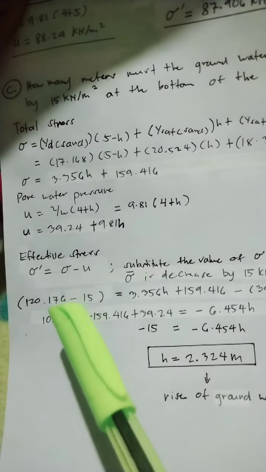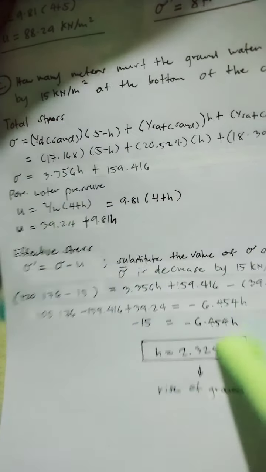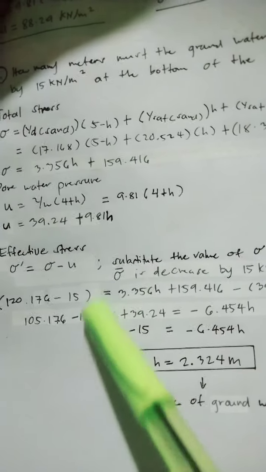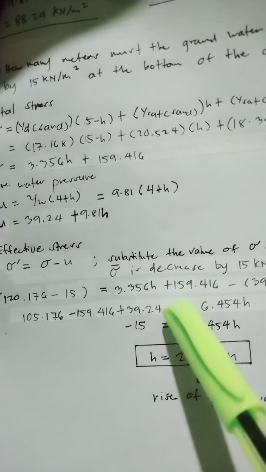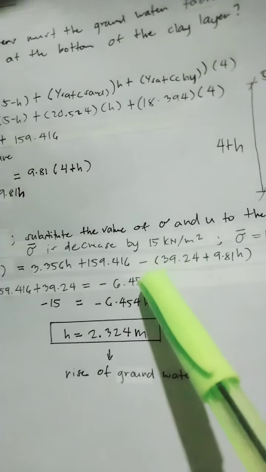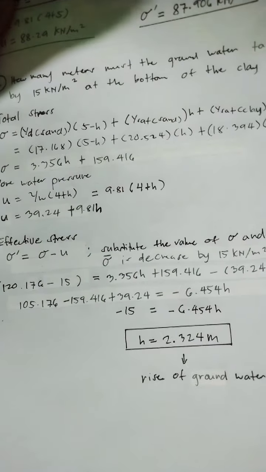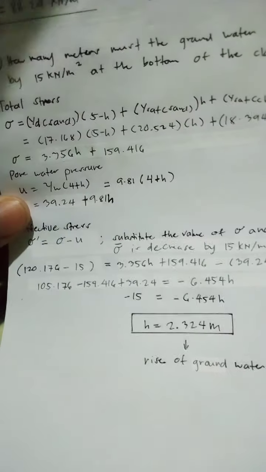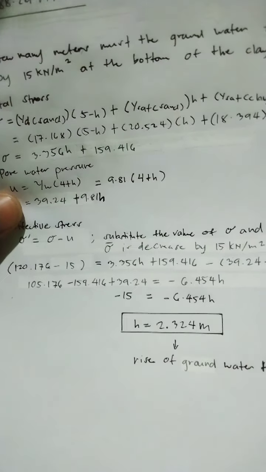So we simply subtract 15, substitute, and simplify using basic addition and subtraction of like terms.